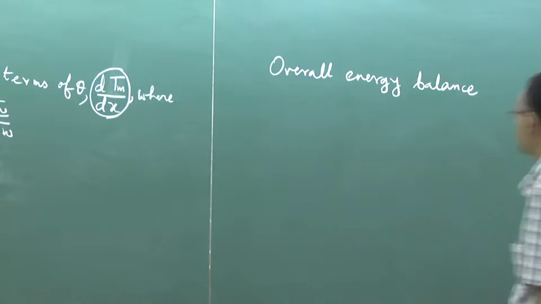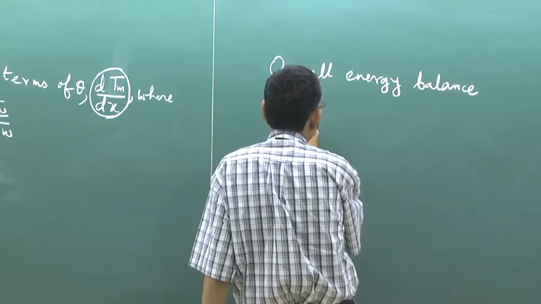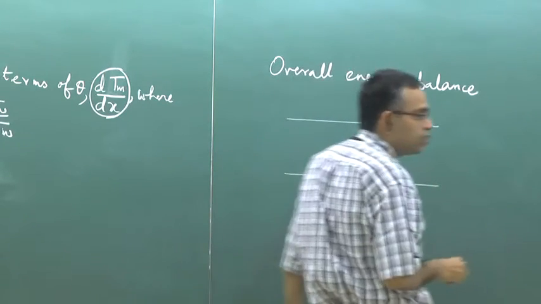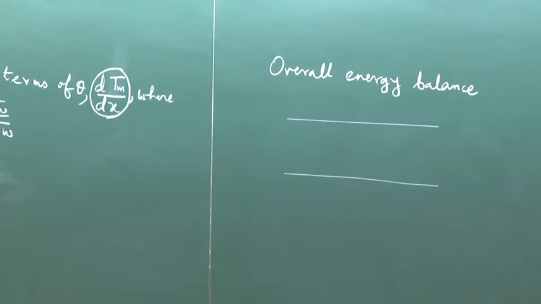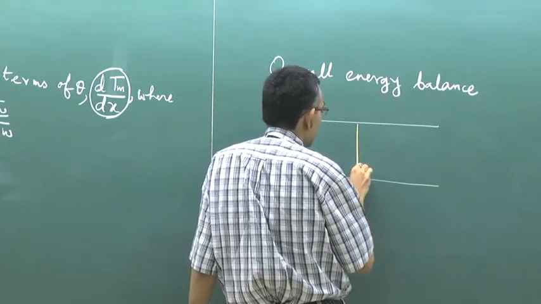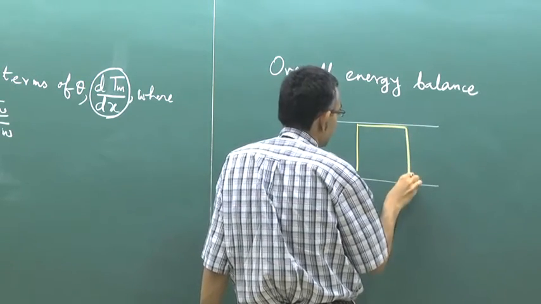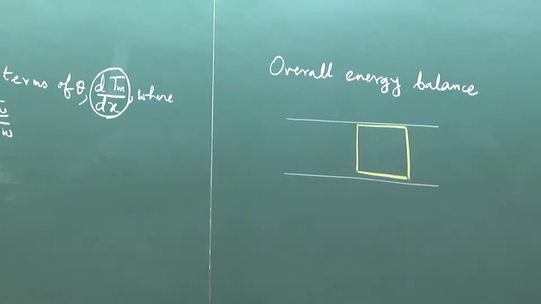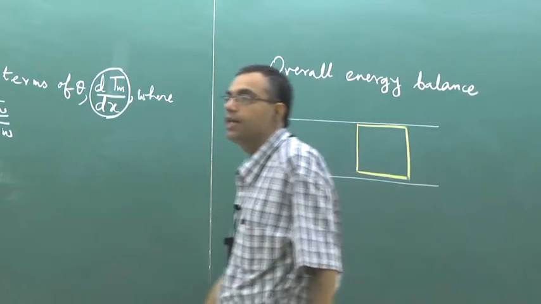So let us say that this is the channel and we take a control volume like this. Across this control volume we are going to write an energy balance.